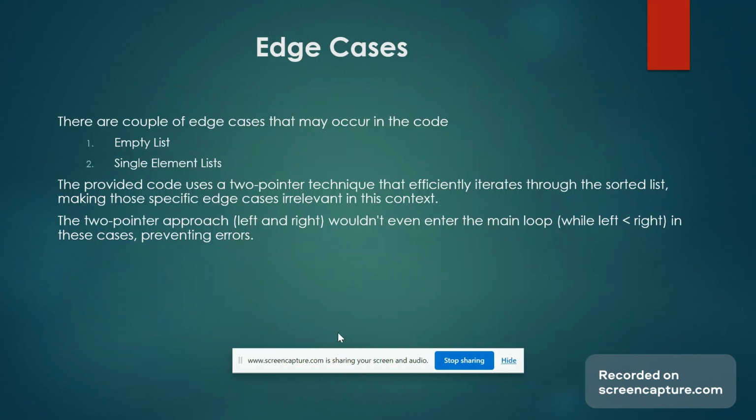So since we have gone through the code, there might be a possibility that there are edge cases that may occur in the code. Basically there are two with regards to this code, that is empty list and single element list.